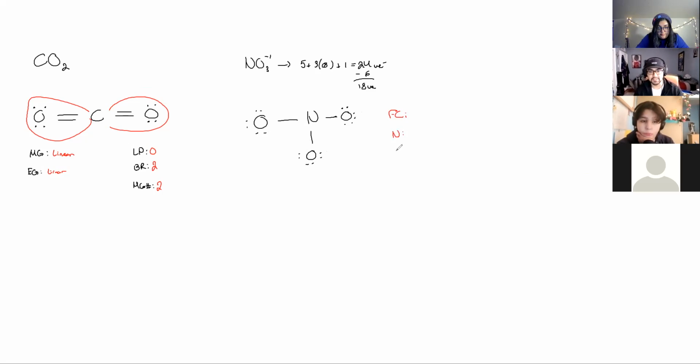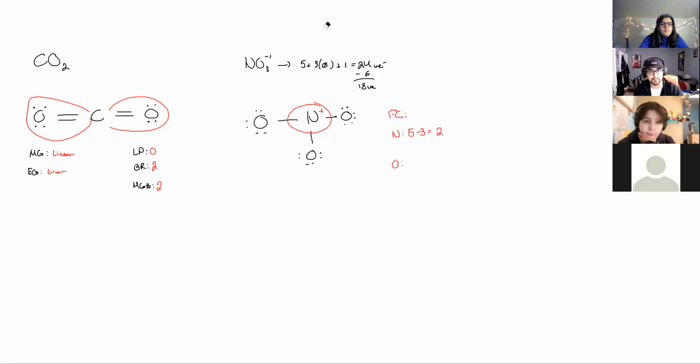How do we compute our formal charge for nitrogen? It has 3 bonds, so what do I subtract that from? 5 minus 3. So our nitrogen is a +2.